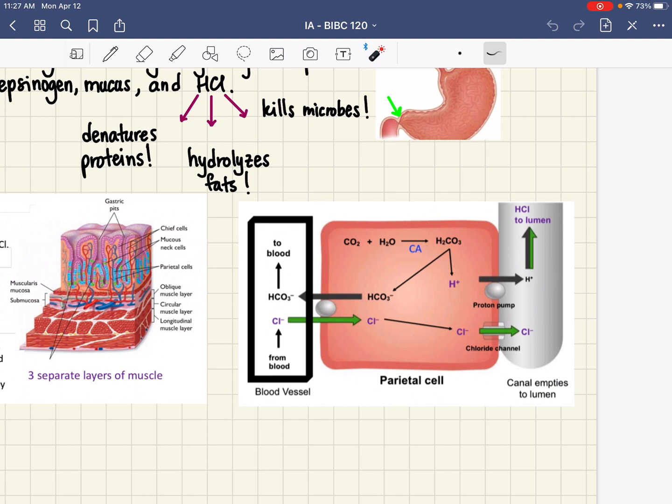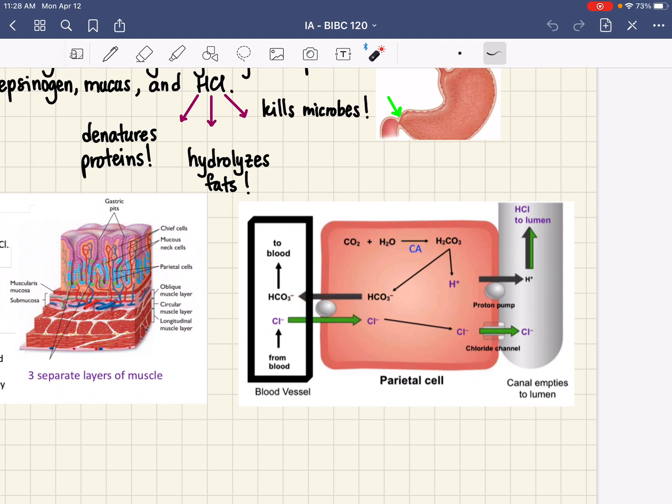Inside the parietal cell, we have carbon dioxide, which joins with a molecule of water. Through the help of the enzyme carbonic anhydrase, it forms carbonic acid. The carbonic acid then easily dissociates into a proton and bicarbonate. Remember that bicarbonate is an important buffer in our system. So the bicarbonate just gets pumped out into the blood.